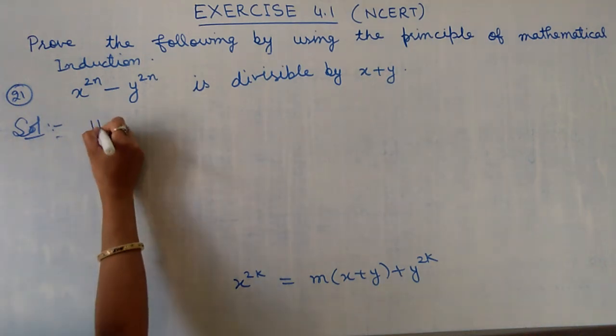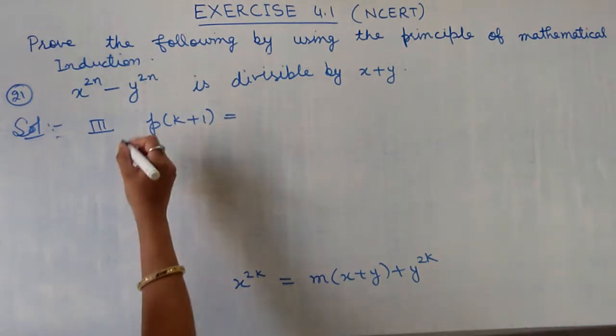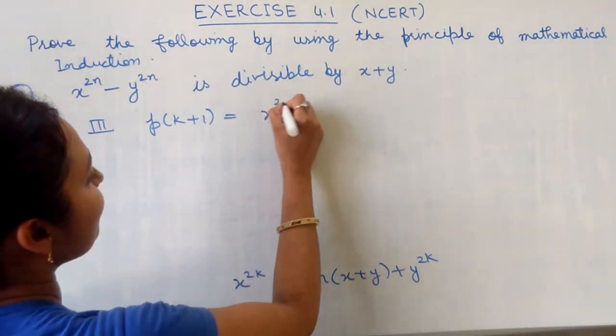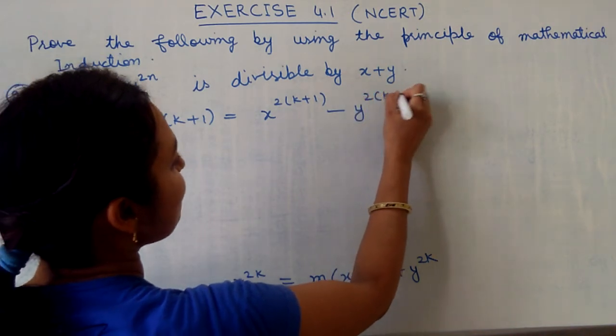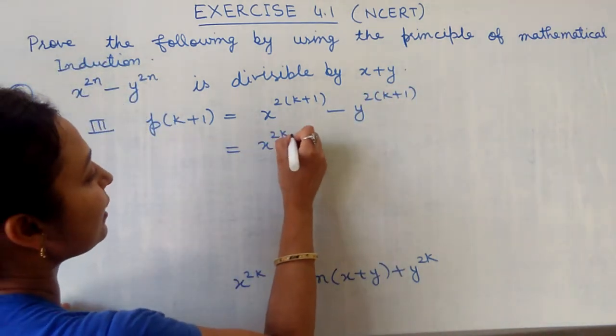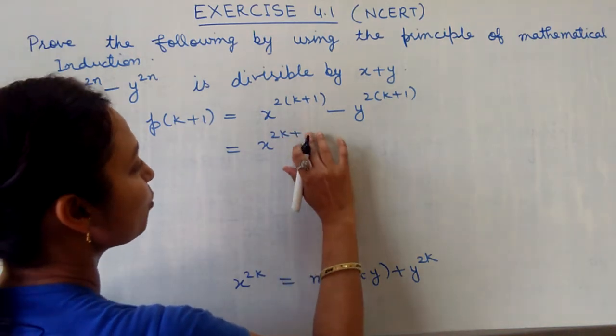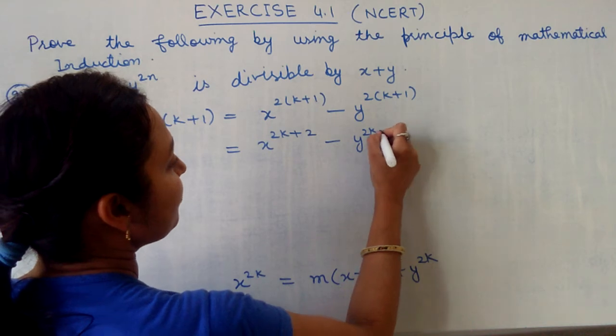The third step means you have to put the value for k plus 1. For k plus 1, we have x raised to power 2(k plus 1) minus y raised to power 2(k plus 1), which becomes x raised to power 2k plus 2 minus y raised to power 2k plus 2.